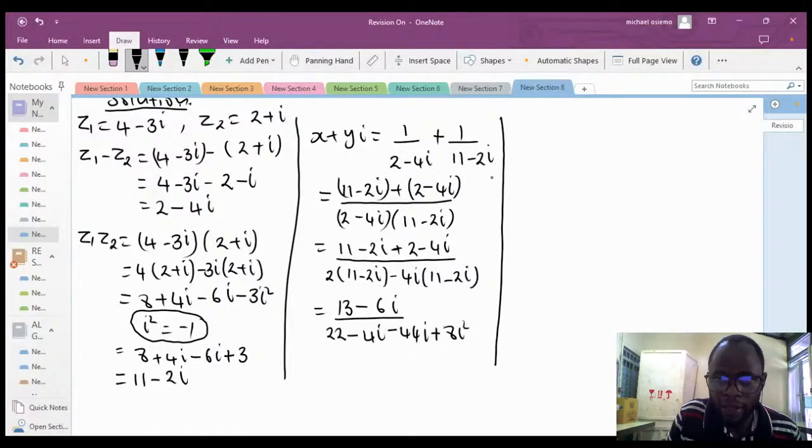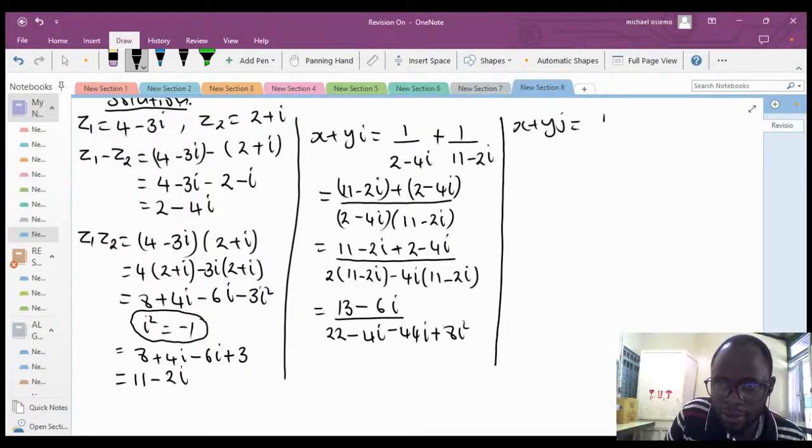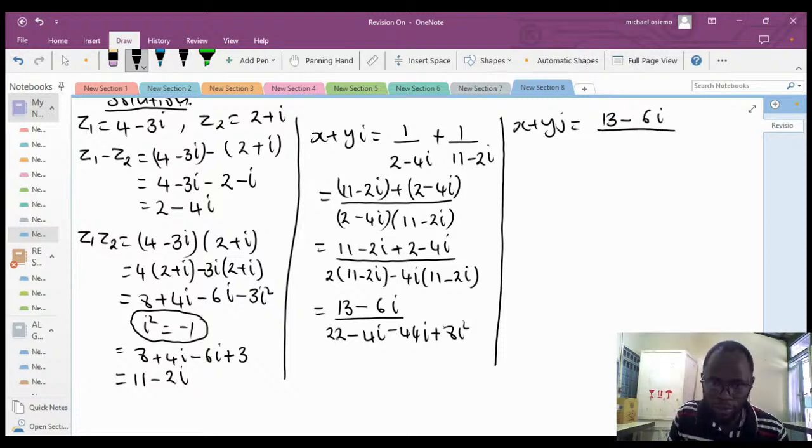So from there, we still have our x plus yi being equal to, so we have 13 minus 6i, and this over what is 22? 8i squared to be minus 8.